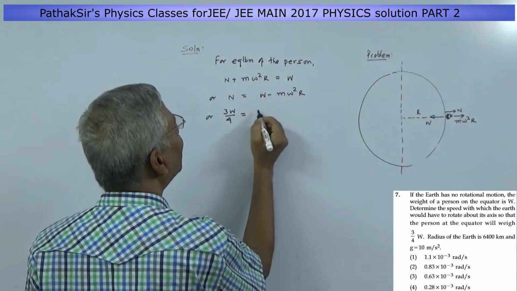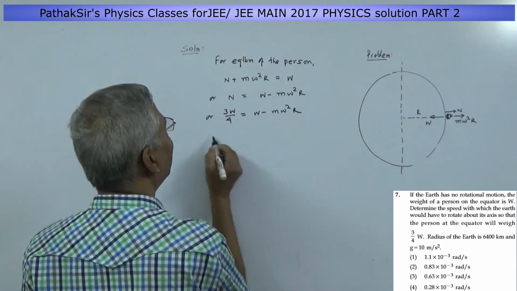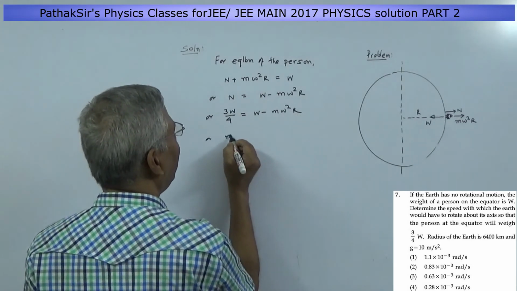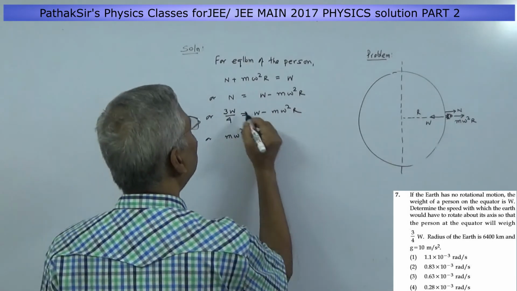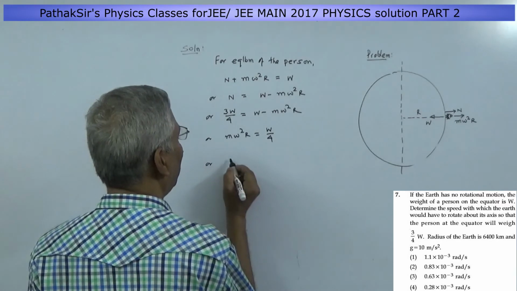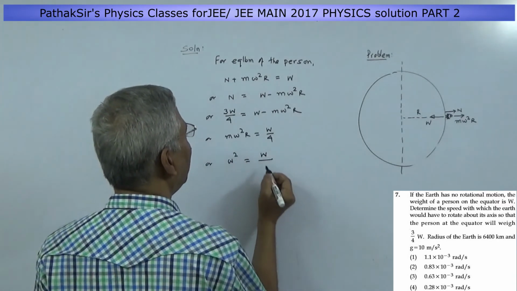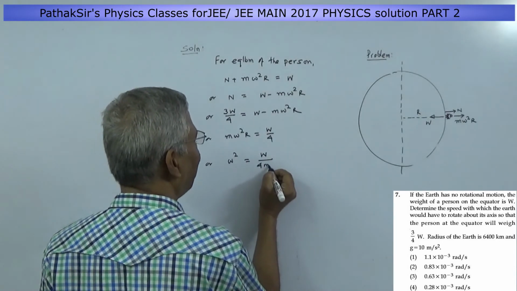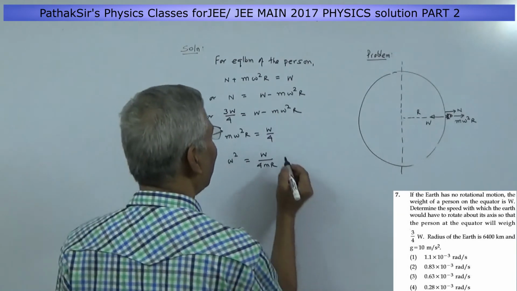3W by 4 equals W minus m omega square r, or m omega square r equal to W minus 3W by 4, that means W by 4, or omega square equal to W by 4mr.